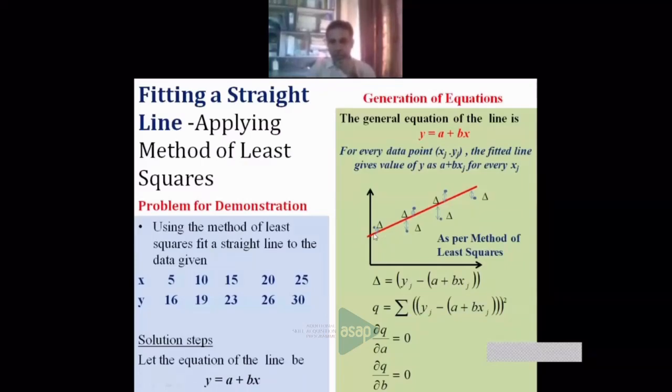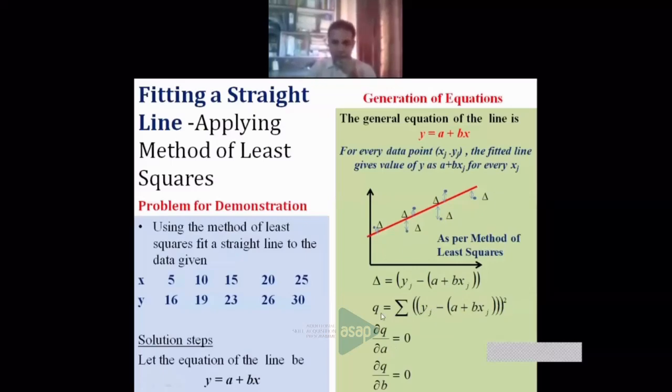If the line is the best fit, I should take the sum of squares of this entire delta. That means yj minus (a plus b xj), the whole square, summed over all j, that is, all the points. I call this sum Q.